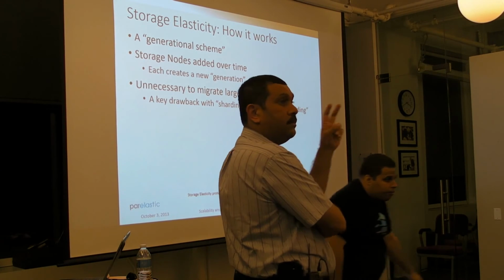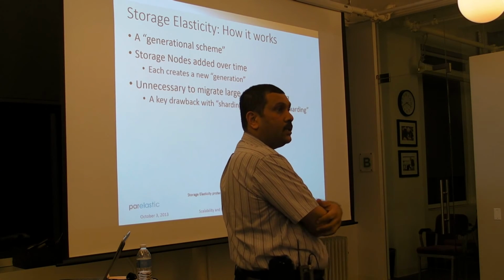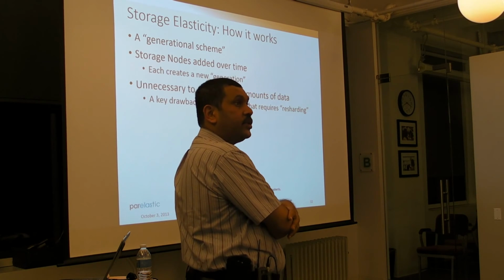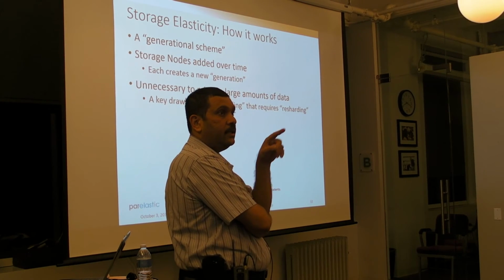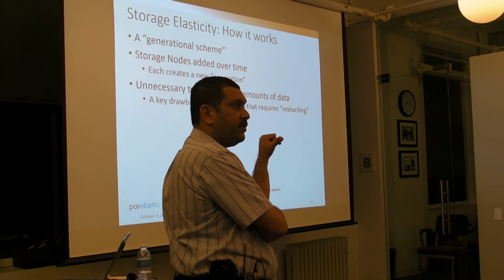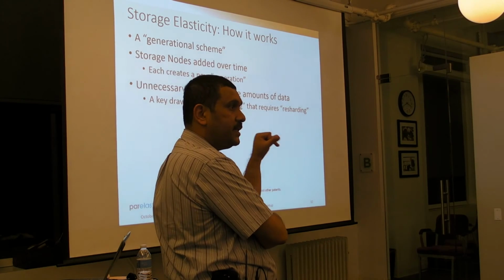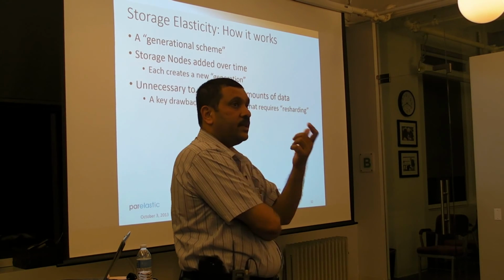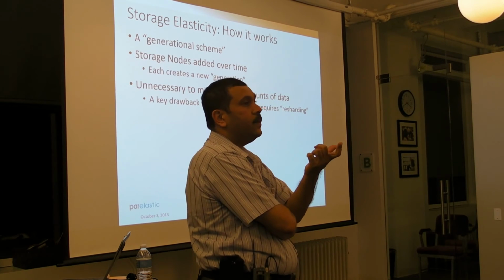Okay. Add 2 more. We will now call this generation 2. If you get any data for something which happened in the January 1st to October 2nd time frame, we'll use one of the first 4 servers to store it, exactly the way it would have been in generation 1. If it's something which is newer, we can store it anywhere we want.